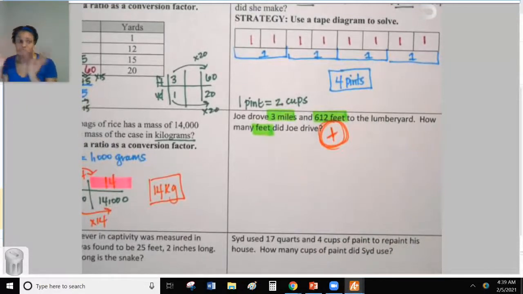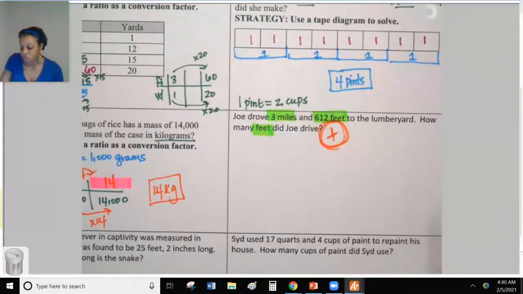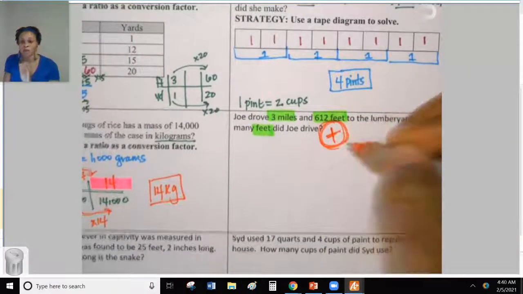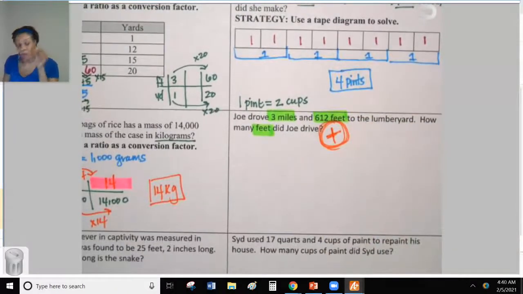So put a giant plus sign on your paper so you remember to go back and add that, because if you don't add in the 612, your answer won't be right. So you're going to have to convert 1 part and then add the other part to get the total answer. It's like alert, alert, pay attention.